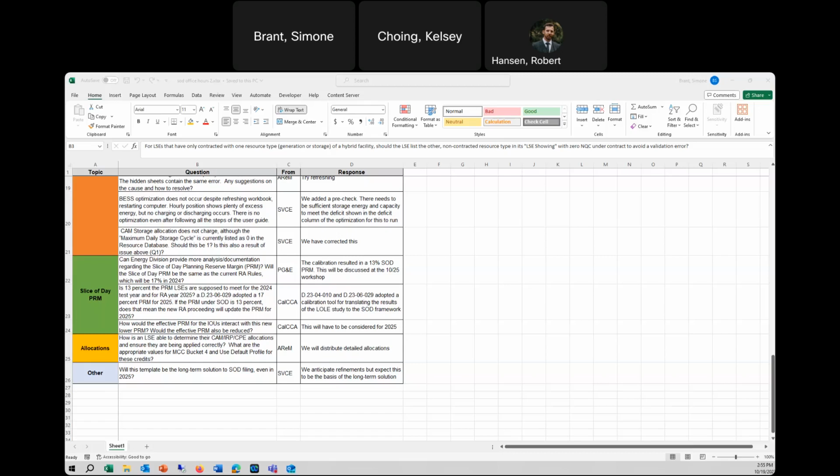My gut is that it would have to stay with that, because the solar values are going to be the slice of day values, so they will probably be too low to meet the value that was based on the ELCC. Maybe ask the question differently.